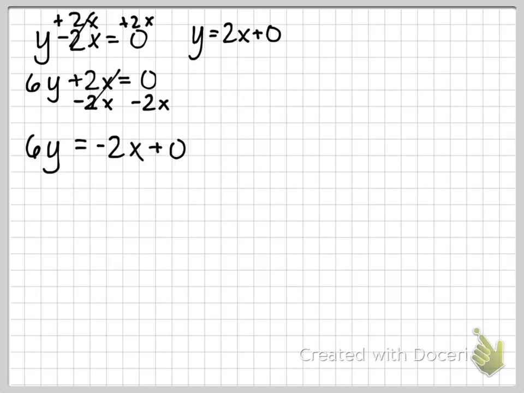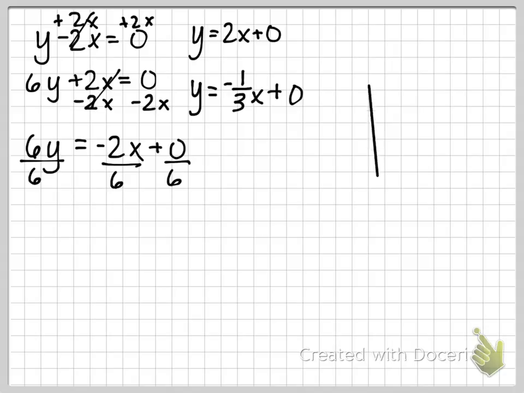Now, some people prefer not to write the 0. I like to write it because it tells me that my b is going to be at 0. 0 is a place on the graph, so I like to include it. Then I divide everything by 6, and I'm going to get y is equal to negative 1/3 x plus 0. Now I can actually graph the lines.